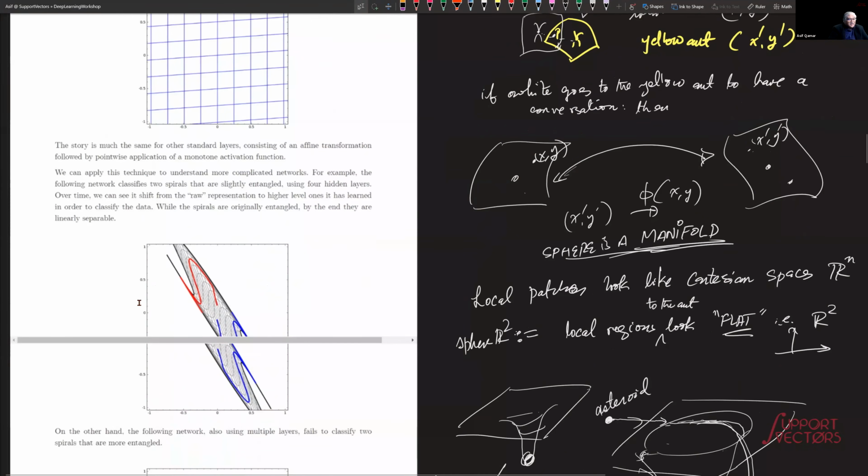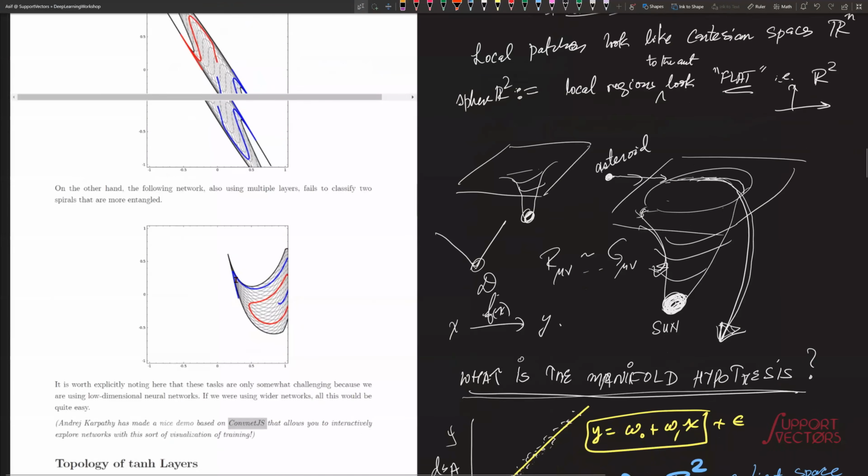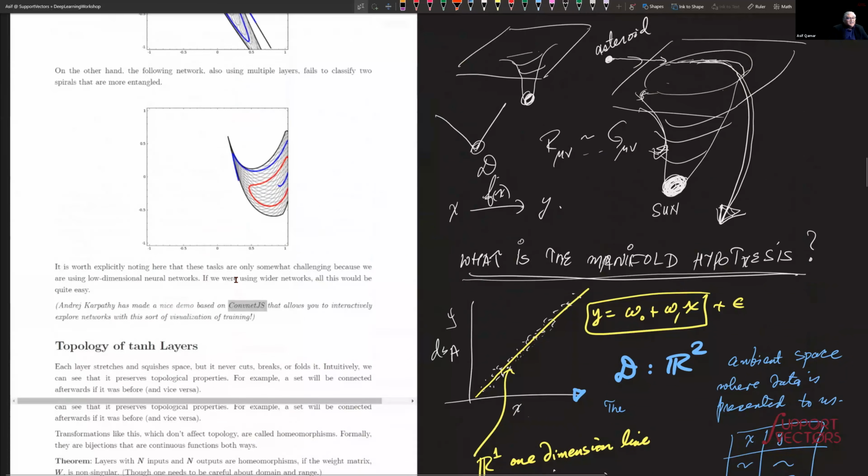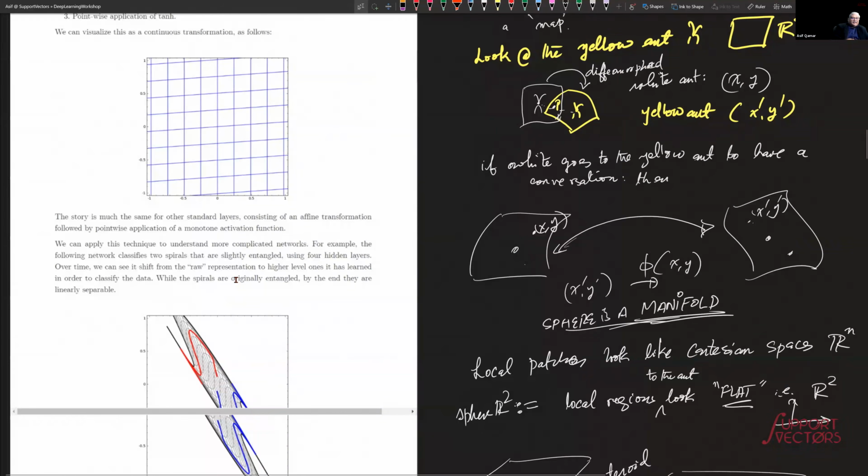If you see how these functions do it, it is provable. And the proof of this is quite simple. Let us look at the proof of it. Suppose you have a point X and you translate it to X plus omega naught. Do you think that this is a homeomorphism?